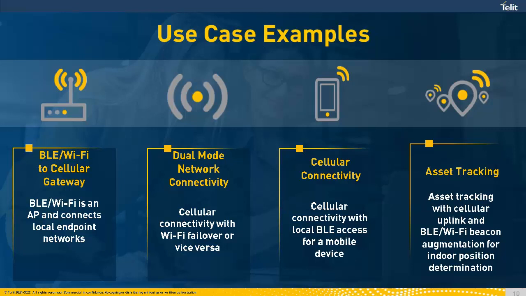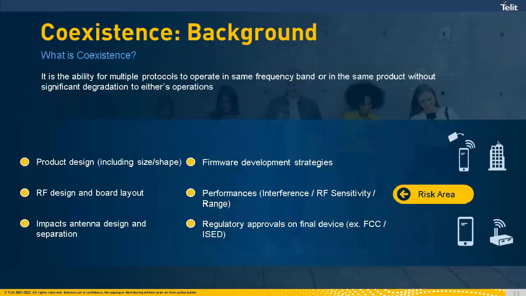A third example could be a device that offers cellular connectivity as standard, and then by means of BLE can offer provisioning or configuration of the device itself. Finally, one last example could be an asset tracking device that offers cellular uplink and then adds precise indoor location via beaconing over Wi-Fi or Bluetooth.